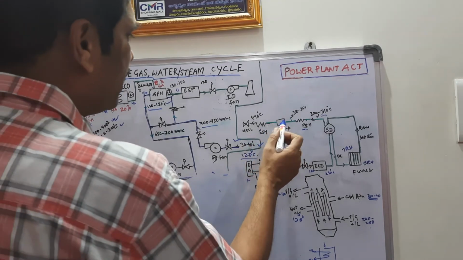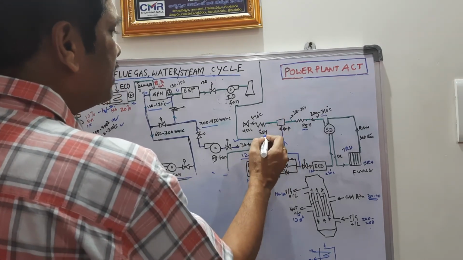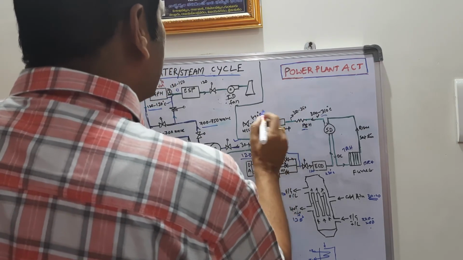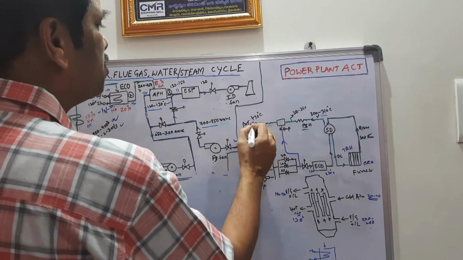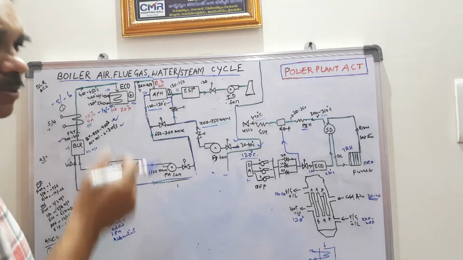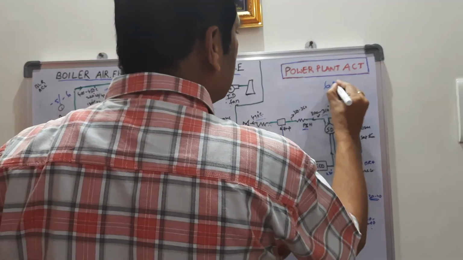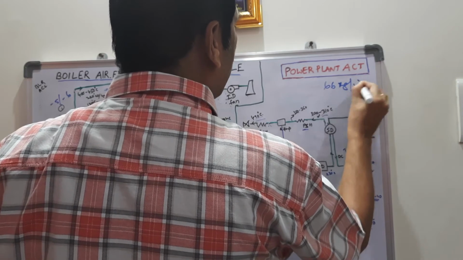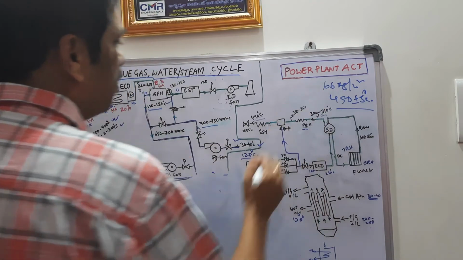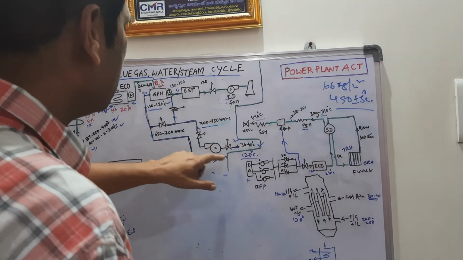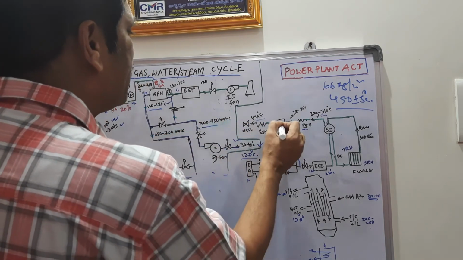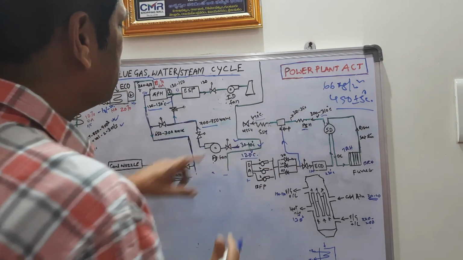After the attemperator, the steam enters the secondary superheater, and its outlet is 490 degrees, because the boiler rating is 66 kg per centimeter square and 490 plus or minus 5 degrees. This steam temperature is maintained with the attemperator.